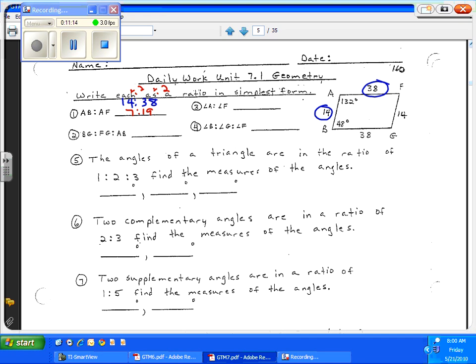We know that since both pairs of opposite sides are equal, it's a parallelogram. And since it's a parallelogram, we can conclude that both pairs of opposite angles are equal.